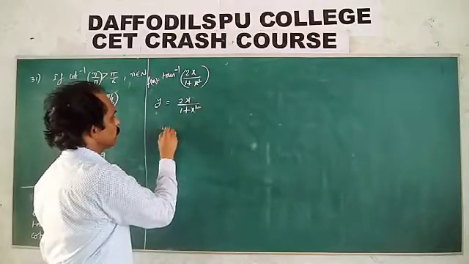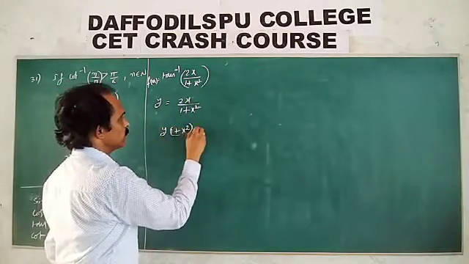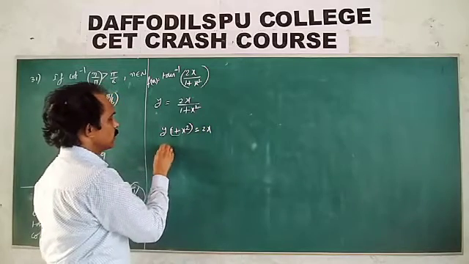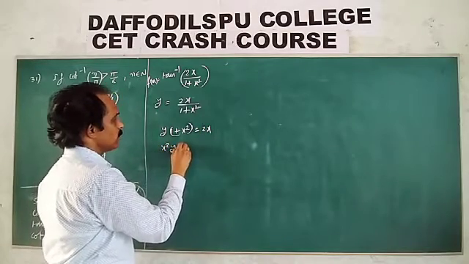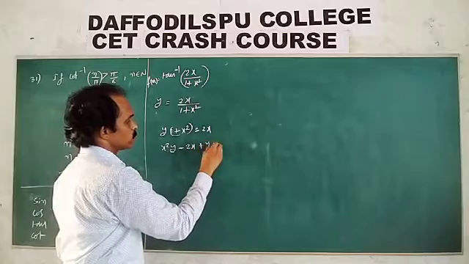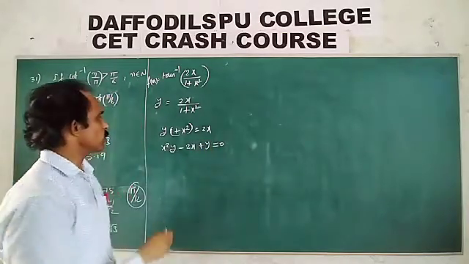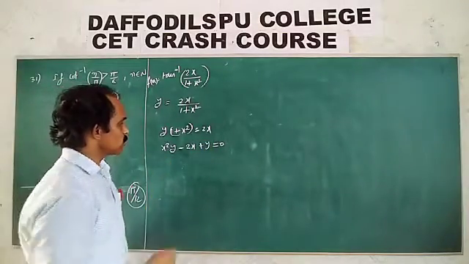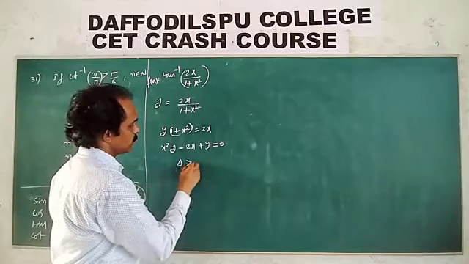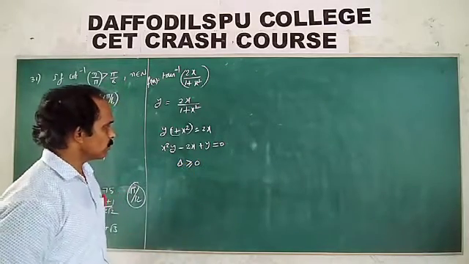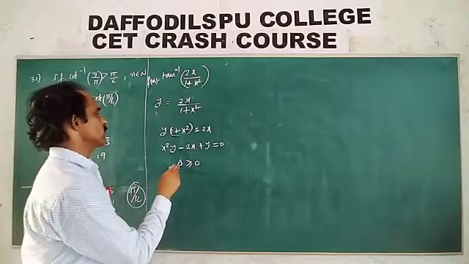Multiply y into 1 plus x square equal to 2x, so x square y minus 2x plus y is equal to 0. It has real roots, so the discriminant is greater than or equal to 0.